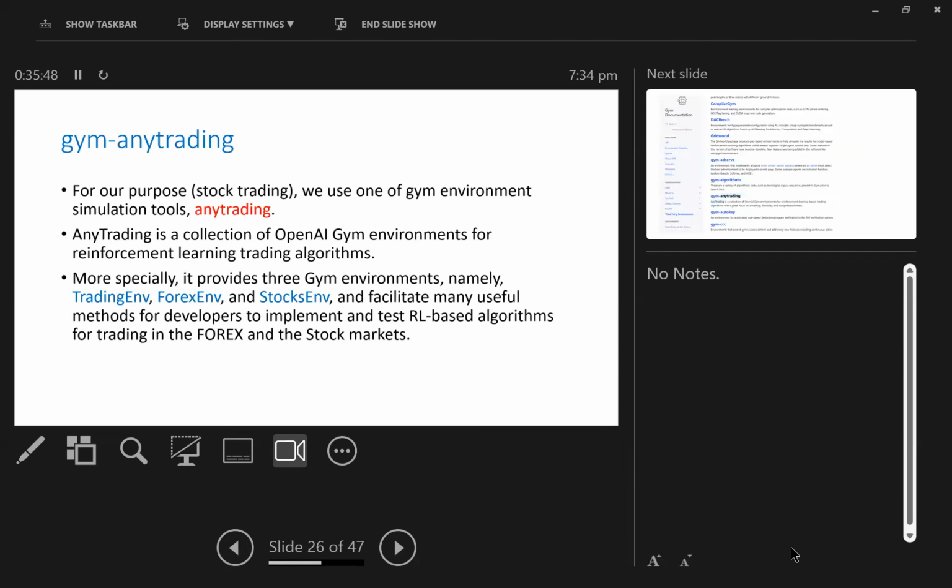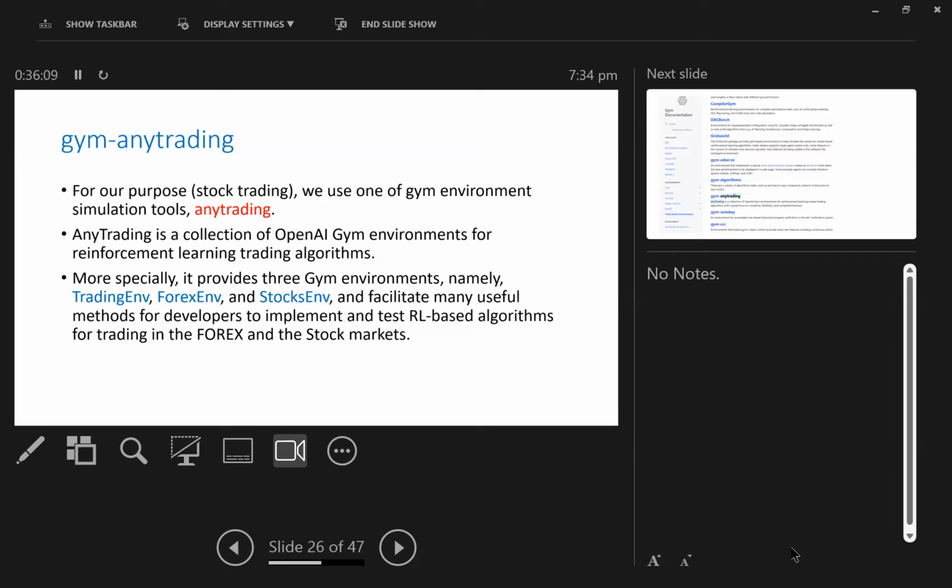First, now the environment. Again, we will not implement the environment ourselves. So we are going to use again the Gym, OpenAI Gym. Okay, and it has a sub-library called gym-anytrading.